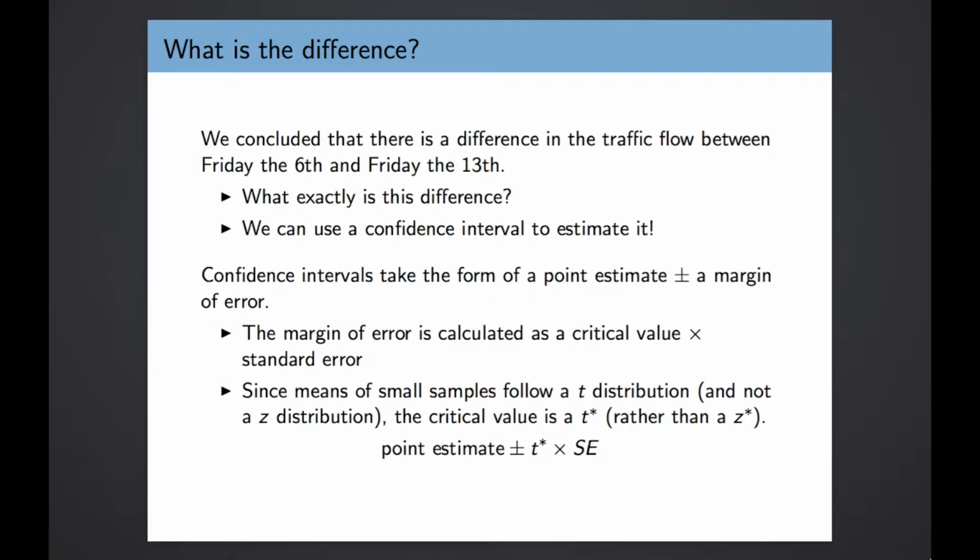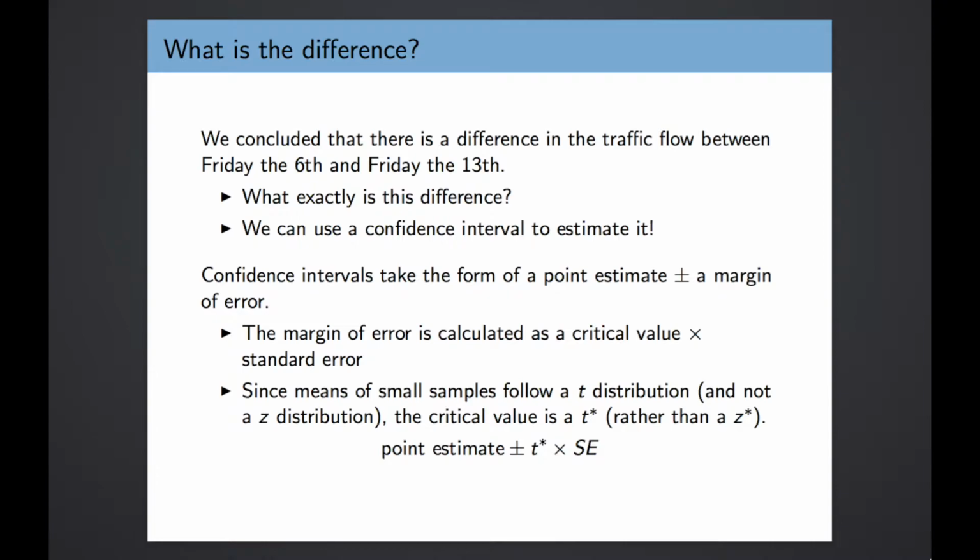So confidence intervals are always going to take this form of a point estimate plus or minus a margin of error, and a margin of error is a critical value times a standard error. So we're going to use critical values from a t-distribution, not from a z-distribution. So remember, in a z-distribution we have a 95% critical value of 1.96. The critical values are going to be different when we look at a different distribution of data.